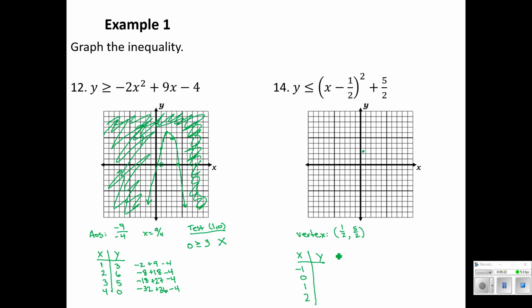So if x equals negative 1, then we're going to have a little bit of work on our hands. We got 1 minus 1/2. That's 1/2 squared plus 5/2. And 1/2 squared is 1/4, square the top, square the bottom, plus 5/2, which is 10/4. That gives me 11/4.